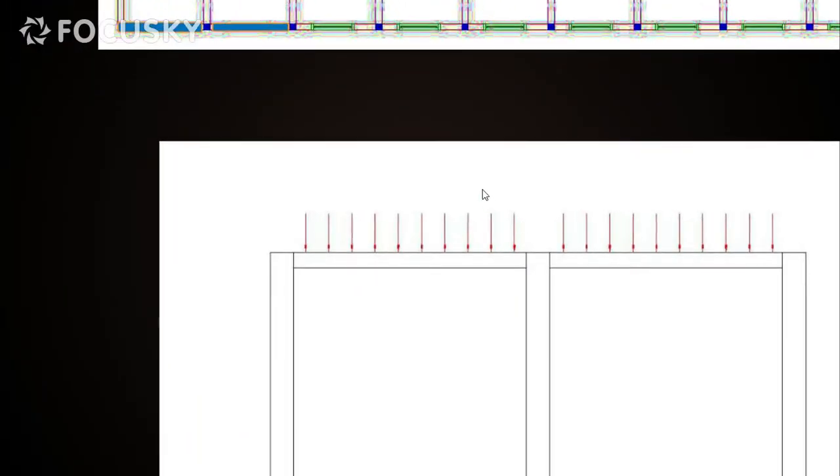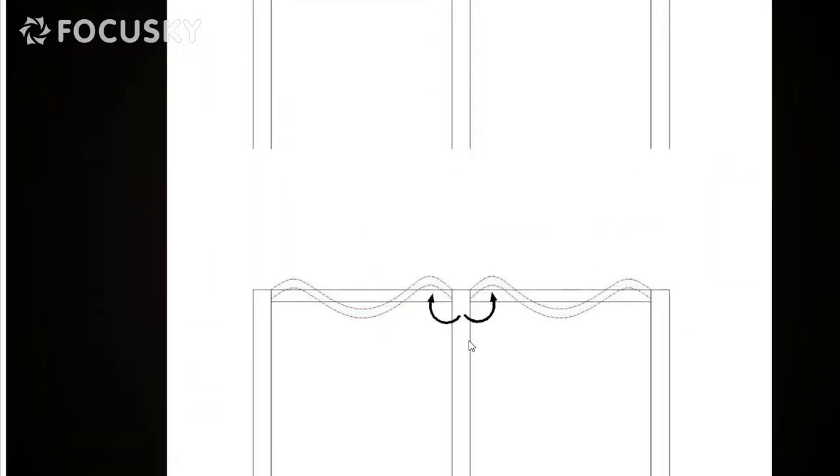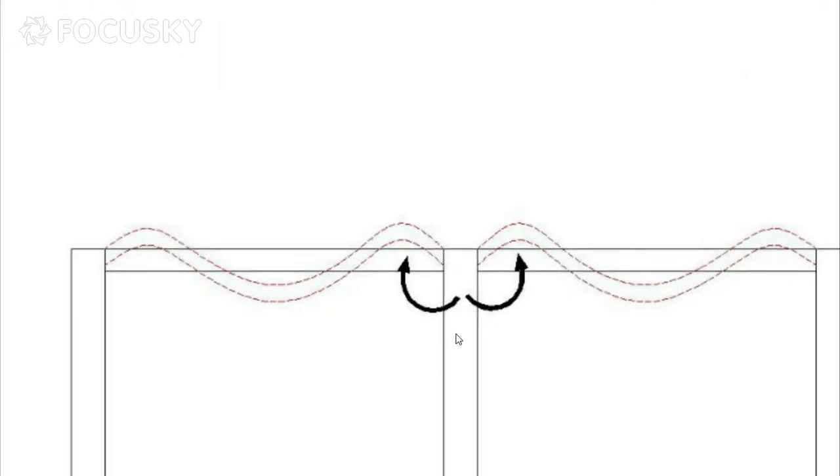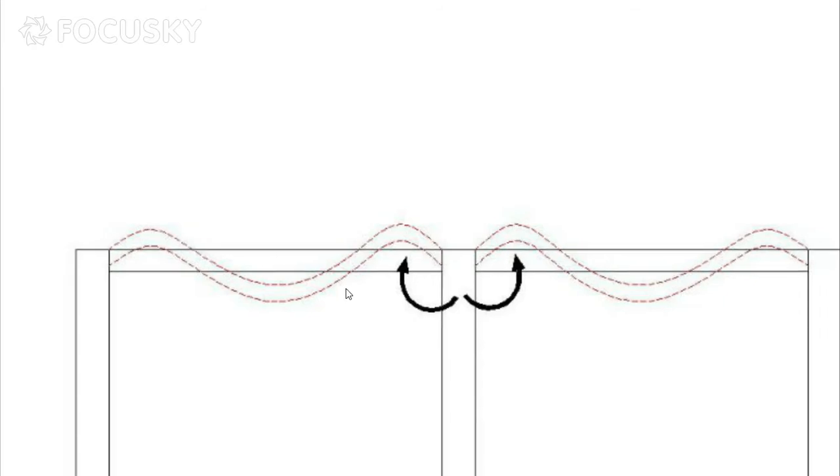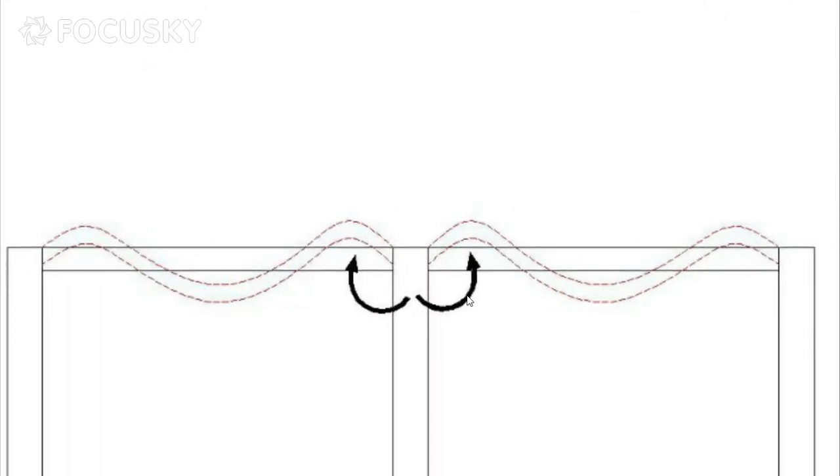Just imagine the beams on either side of the column are loaded simultaneously. What happens? The moments are induced like this on both sides of the column, and these two moments are nearly equal because they come from the same building and the span is the same, so they are going to have the same intensity more or less.